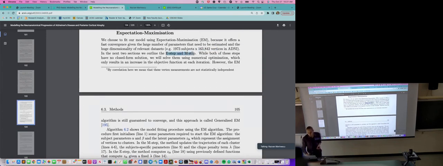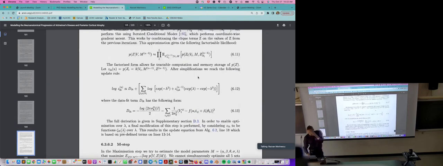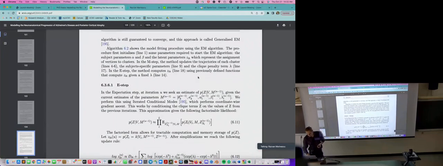Again, whenever we apply expectation maximization, we have to derive two steps. One is the E step and one is the M step. And they both start from the same kind of expression.